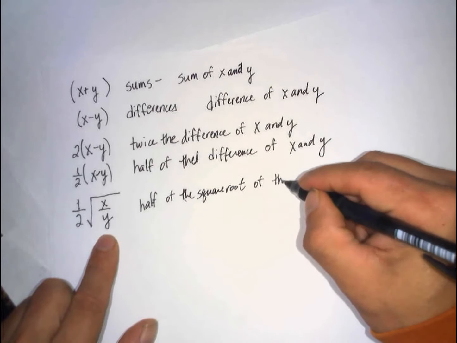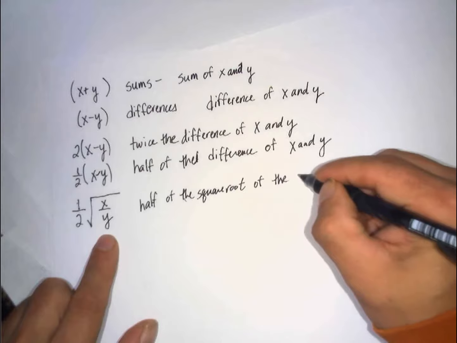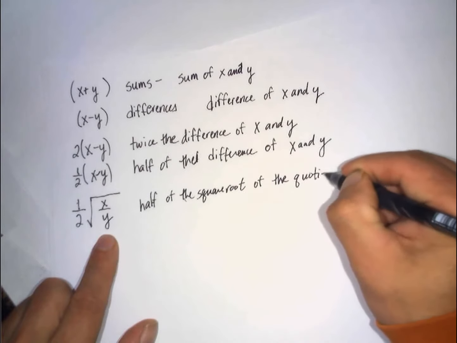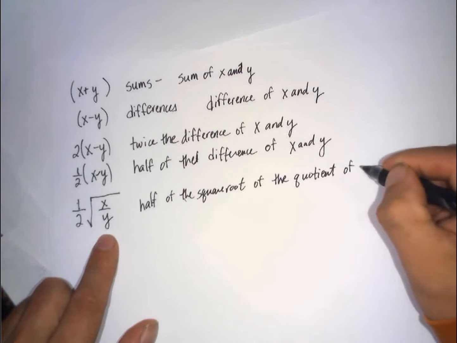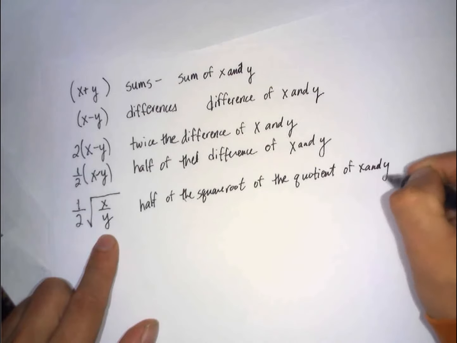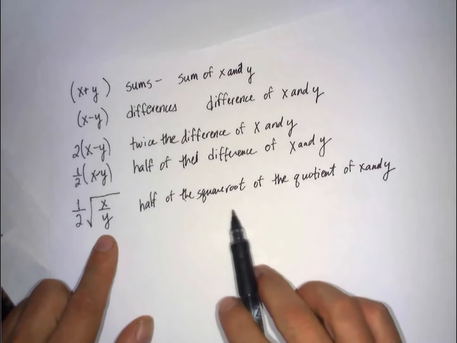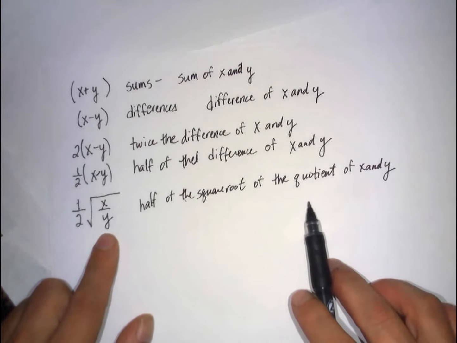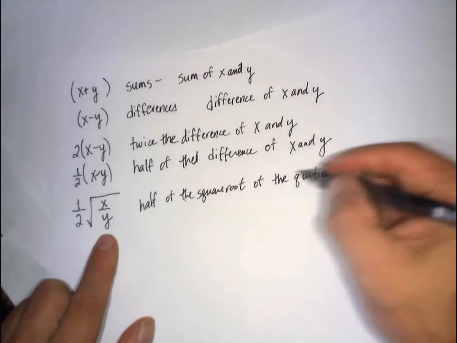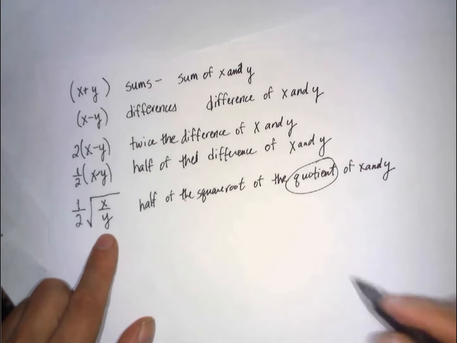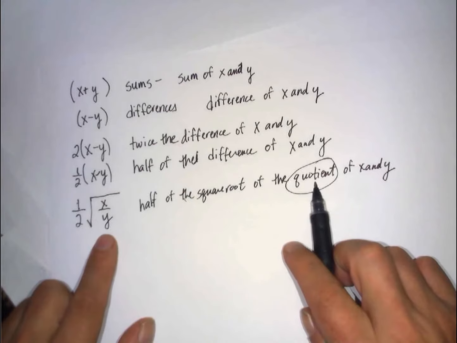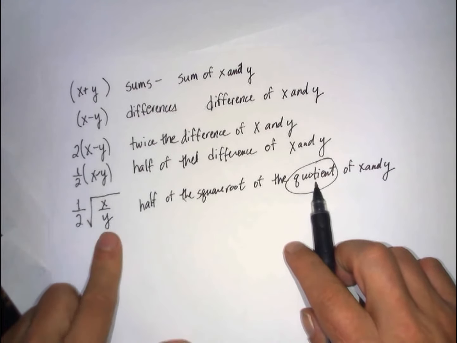So you would say half of the square root of the quotient of x and y. Or you could say half of the square root of x divided by y. But if you say the quotient, that means you're taking the square root of the quotient, that ensures that you're taking all of this.